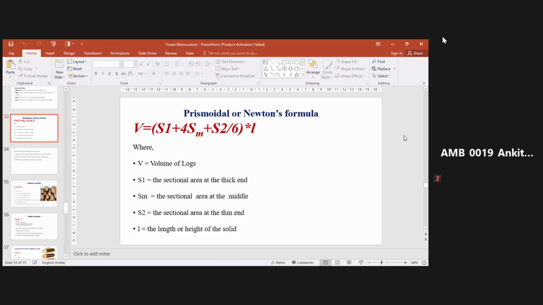So in order to reduce the error while estimating the volume, whether overestimating or underestimating, the form factor will reduce the error of volume estimation. The main use of applying the form factor is to reduce the error of estimation of volume. That is the main use of the form factor.